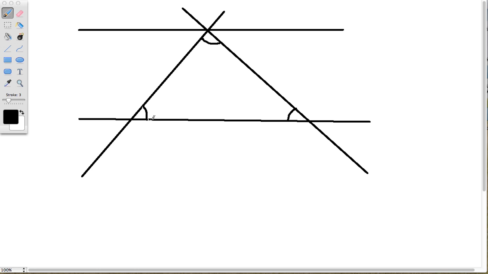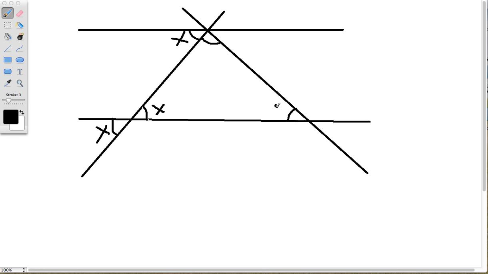So we know that this angle right here is the same as this angle behind it, the opposite. We also know that since this is on the bottom side of the line and this is also on the bottom side of the line, these and these are the same. So let's call this x. Since x and this one are equal, this is also x. Since this one and this one are equal, this is also x.